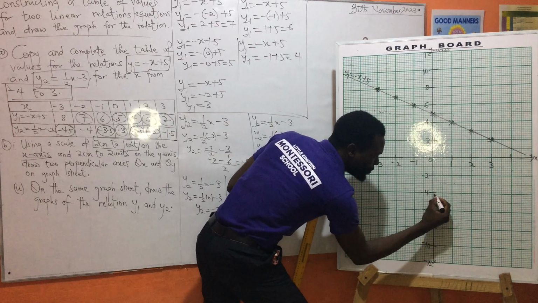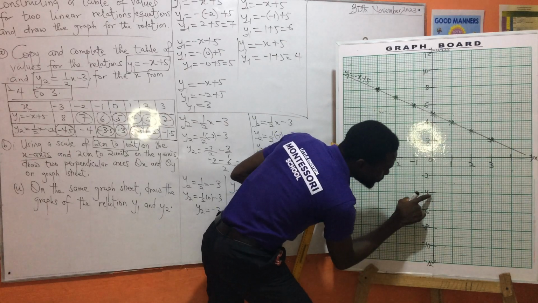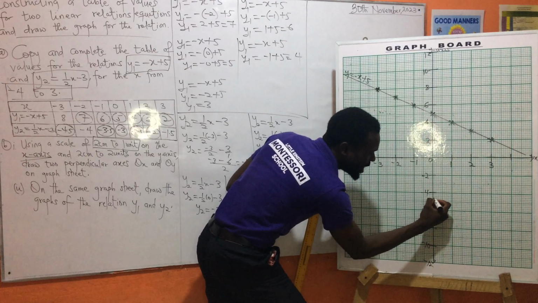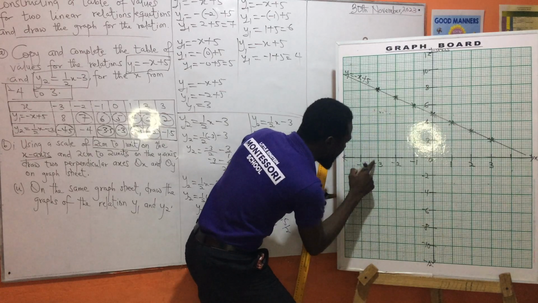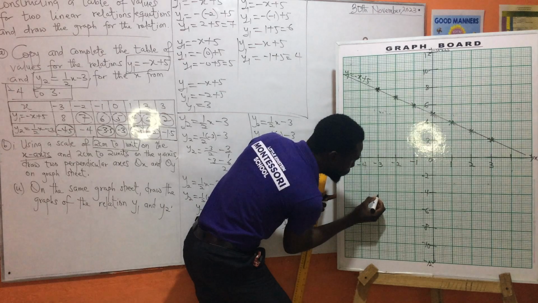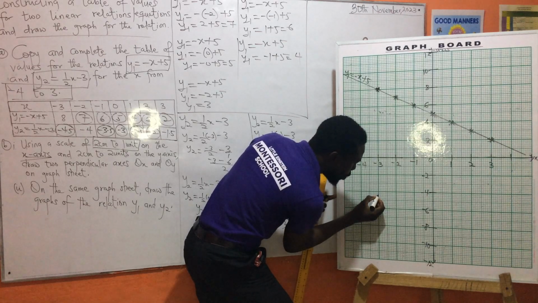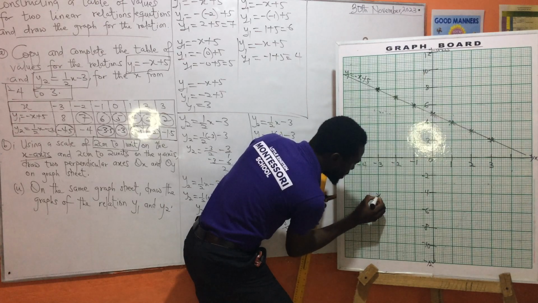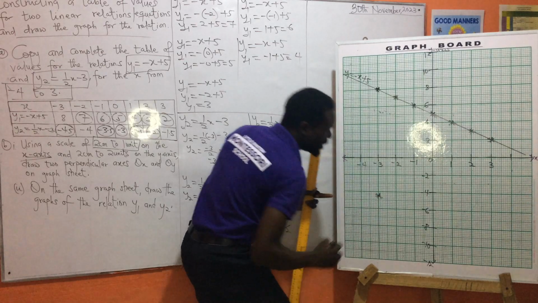So 4.5 is between 4.4 and 4.6. So somewhere here is the point. So we have it there.